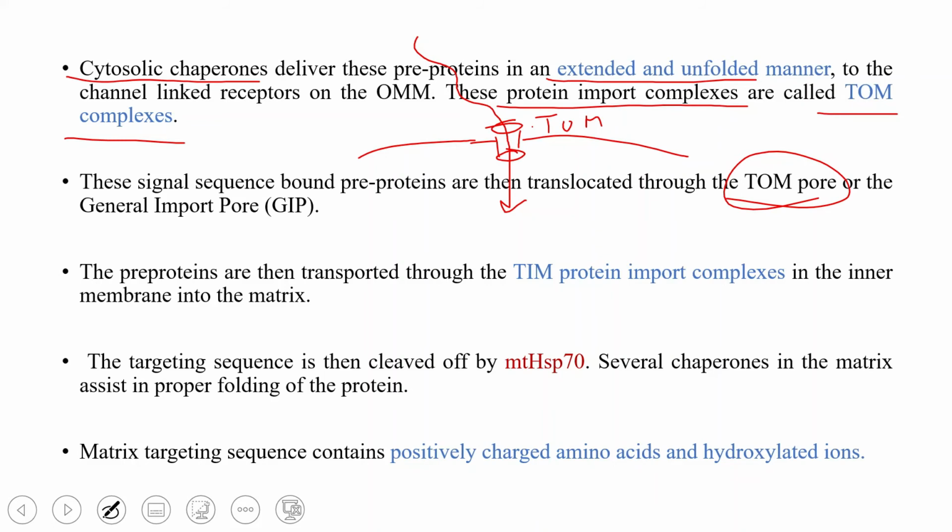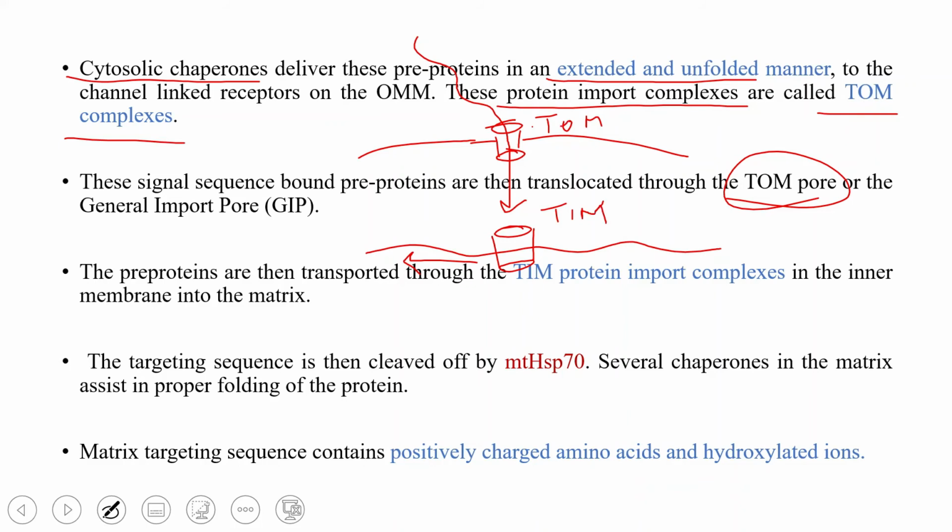Further, once they are in the intermembrane space, now they have to cross the inner membrane also to reach the matrix or to enter the lipid bilayer of the inner membrane. Now these proteins are translocated through complexes in the inner membrane which are called the TIM complexes.